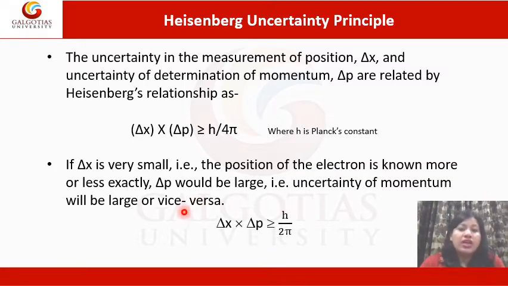So, delta x multiplied by delta p is greater than or equal to h upon 4 pi, where delta p is equal to m multiplied by delta v. So, we put the value of delta p, and the equation is delta x multiplied by m delta v is greater than or equal to h upon 4 pi.